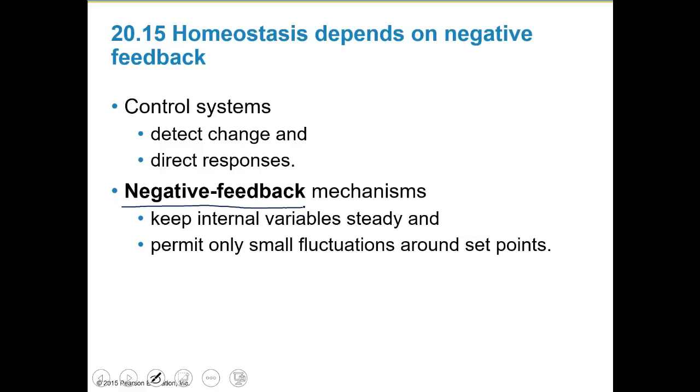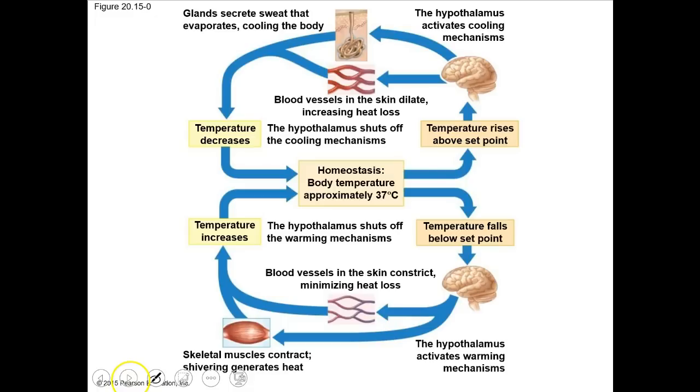Control systems direct change and direct responses, but these are usually what we call negative feedback. So they keep internal variables steady and permit only small fluctuations around set points. This actually is a lot like a thermostat. You can always ask your folks, but it works just like the air conditioner. Okay, so there you go.